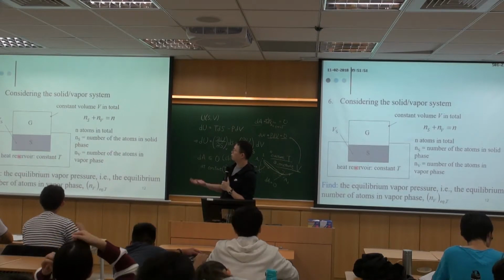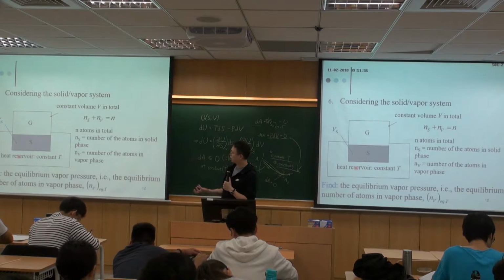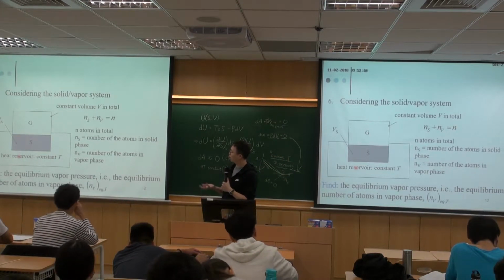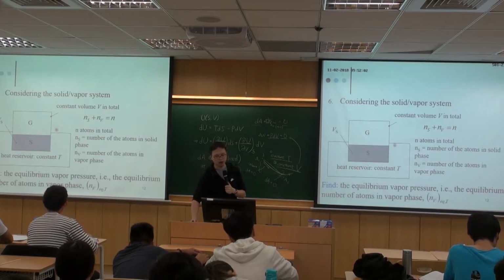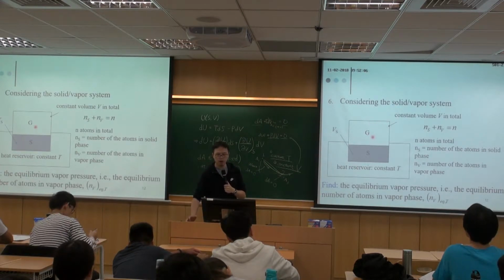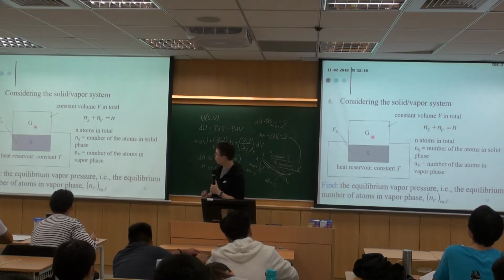If you're dealing with dry ice, carbon dioxide, you'll know that there is more gas coming out from the solid. So you'll have more and more particles in the vapor phase.